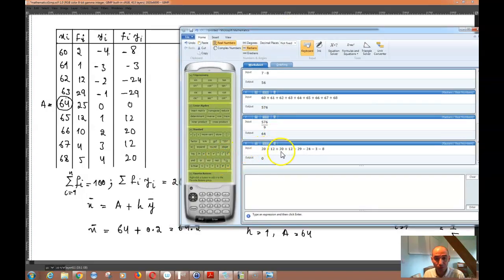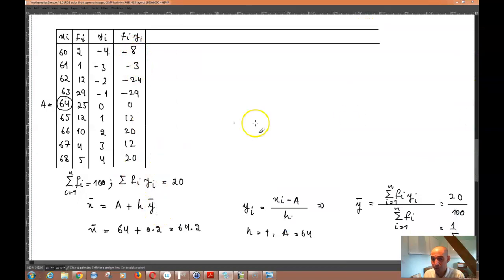I've made a mistake here. So if this is equal to 0, then sigma f y of i is equal to 0, and my y bar becomes 0.